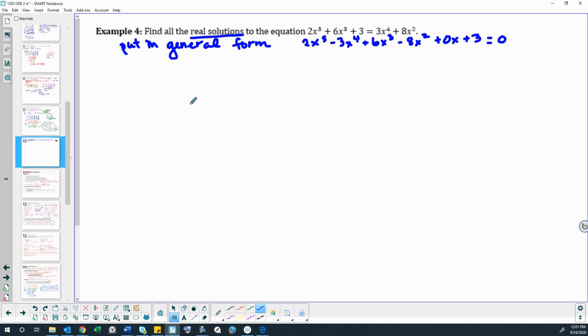I think I'm good. All right, now we're going to do the rational roots theorem, which is factors of 3, so 3 and 1, over factors of 2, so 2 and 1, because our constant term is 3 and our leading coefficient is 2. Constant over leading coefficient. So that gives us the same possibilities we had in example 1 and 2.